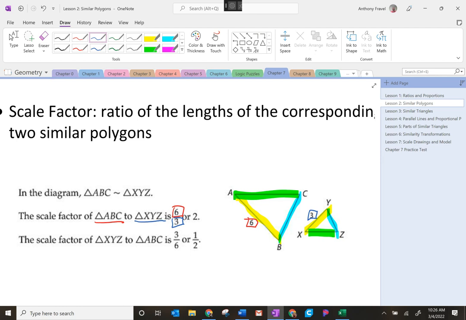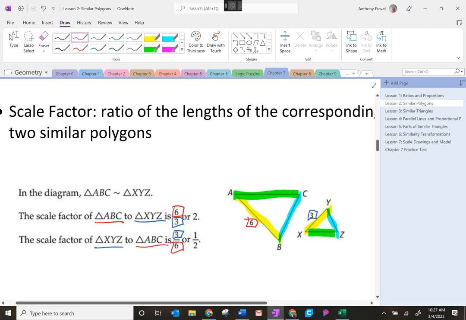If it asked what my scale factor of XYZ to ABC was, I'm going to do this one first because this is my very first one they're giving me. XYZ is going to be my very first one, so it'll be on the top. And then ABC is my second one, that'll be on the bottom. So it'll be 3 over 6.